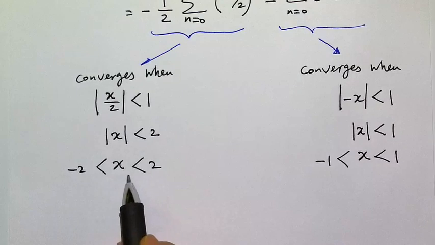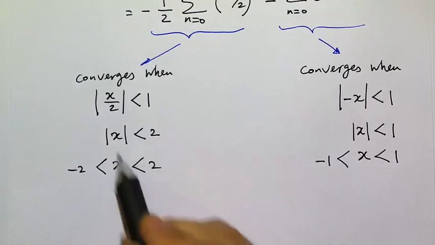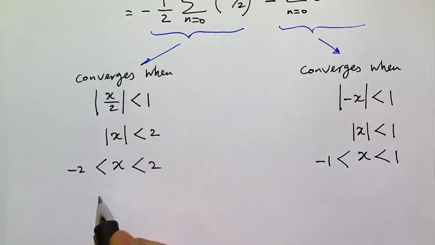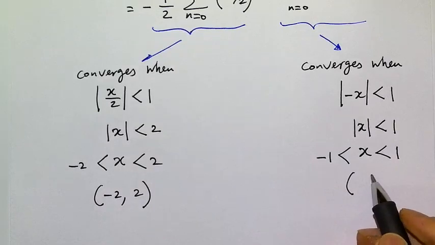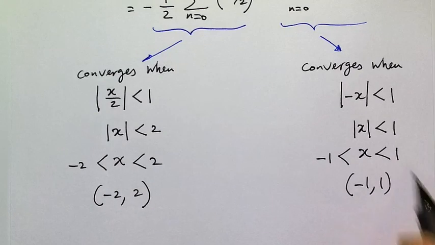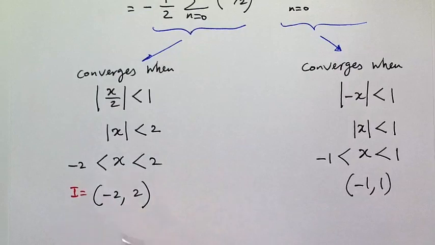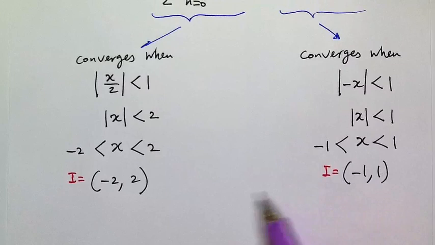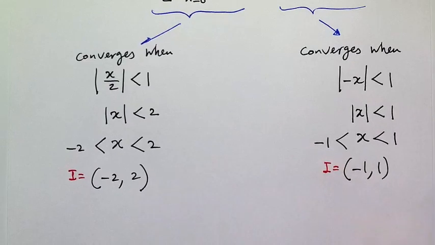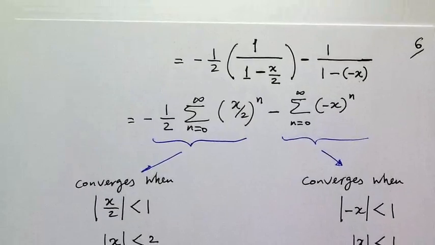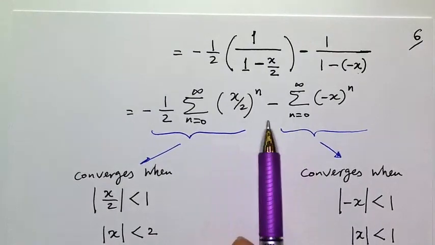And so from here, the interval of convergence for this series is negative 2 to 2. For this one, we have the interval of convergence going from negative 1 to 1. So this is that piece, this is this piece, but we can't have both of these. Over a certain interval, they overlap. That's the interval of convergence for the entire series that we have here.